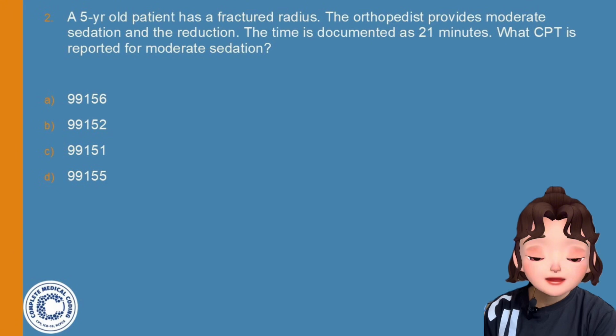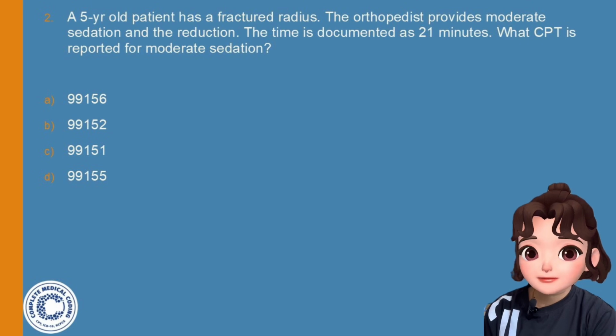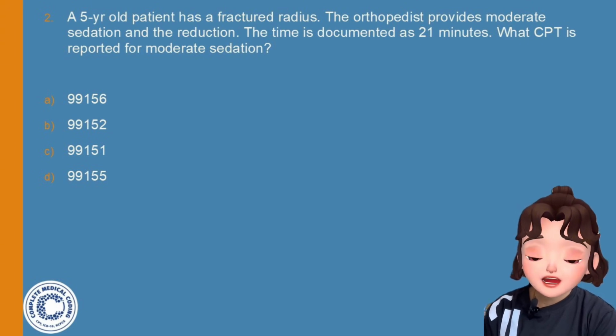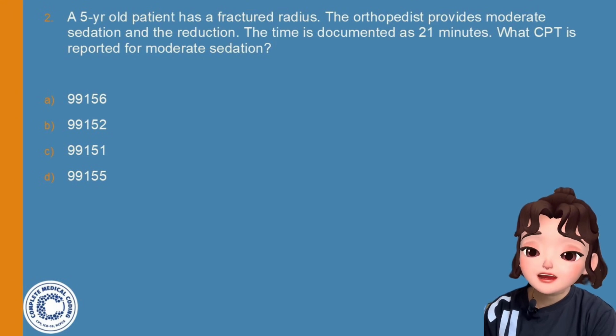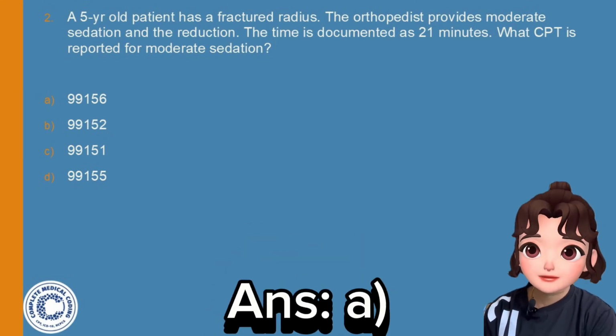For monitoring, requiring the presence of an independent trained observer to assist in the monitoring of patient's level of consciousness. Nothing is mentioned for an additional observer, which is correctly mentioned in the codes 99155 and 99156. And according to the age, you have to code 99156. So our correct answer is option A, 99156.